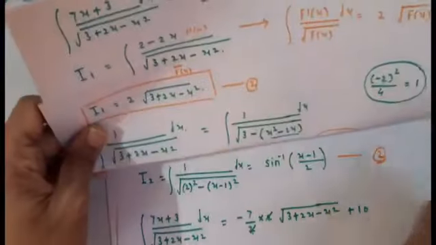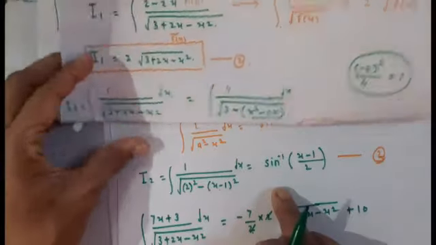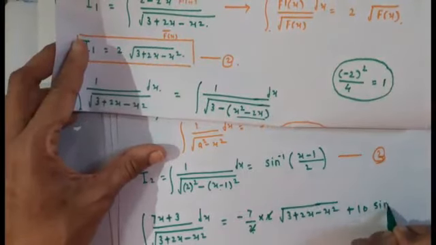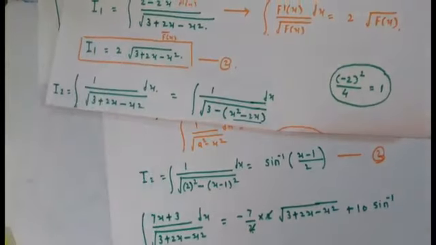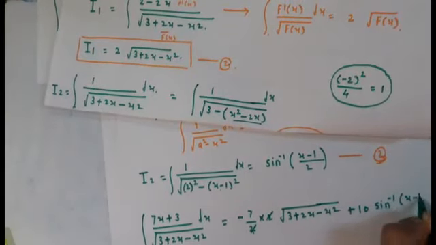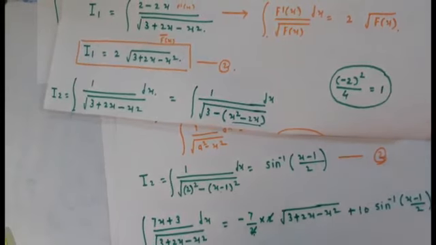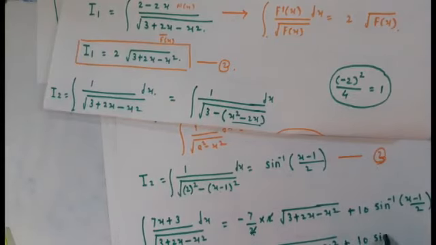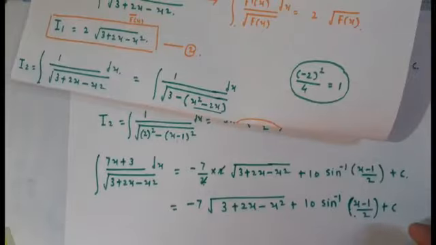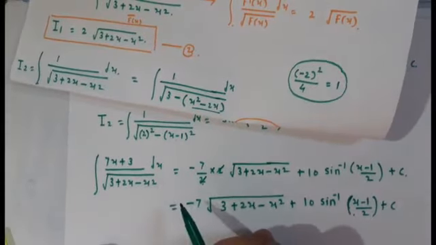We have found out the value of I2, and I2 is equal to sine inverse of x minus 1 upon 2 plus constant of integration c. So this is minus 7 square root of 3 plus 2x minus x square plus 10 into sine inverse of x minus 1 upon 2 plus constant of integration c, and this is the solution for the given problem.